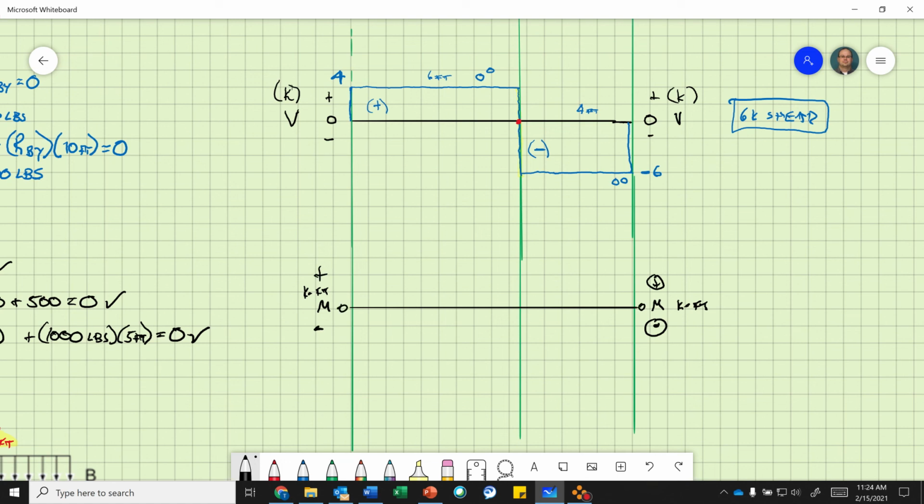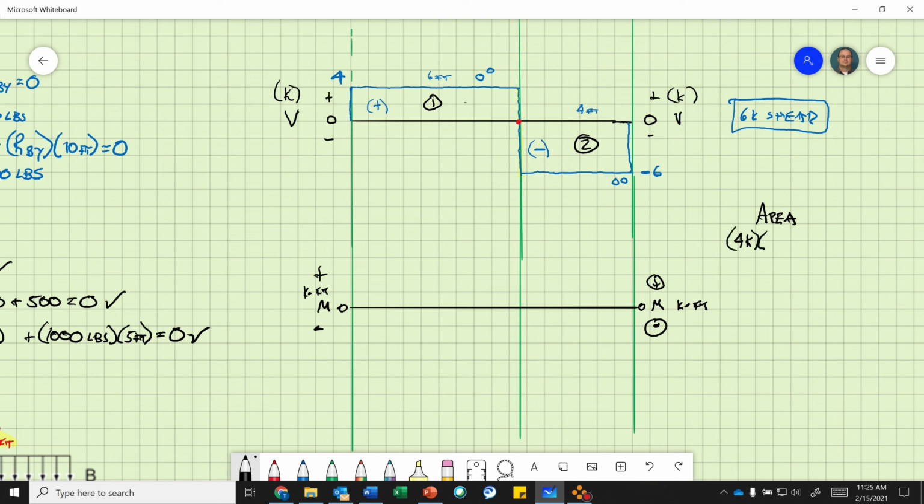Okay, so we're going to call this area 1, call this area 2. So what I'm going to do is actually calculate the area. The area of the shear curve is equal to the magnitude of the moment. So I'm going to take 4 kips, right? That's the height of my rectangle because I went to 4.